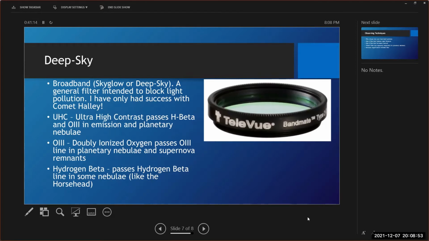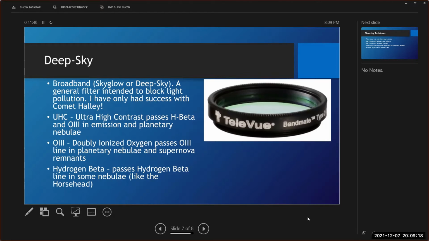With the UHC filters, I think right now Teleview makes an excellent one, and so does Lumicon. I'm not as familiar with some of the other makers, but just because this one works well for me doesn't mean that it will work well for you, and it doesn't mean that it won't.